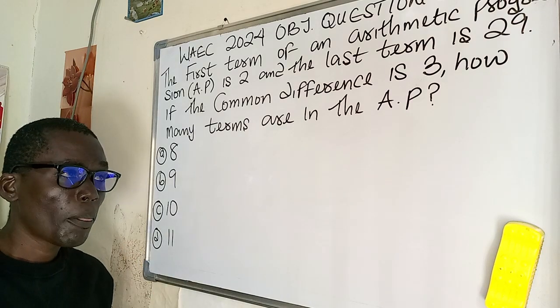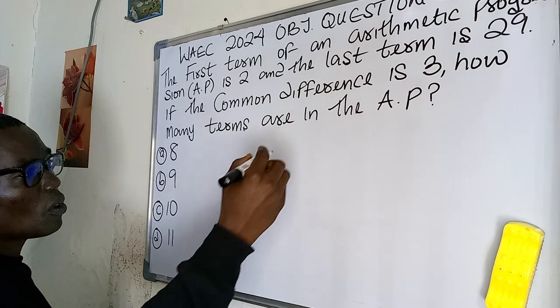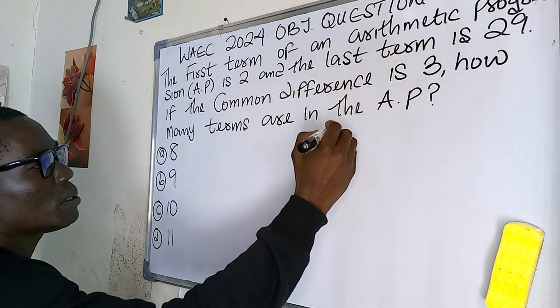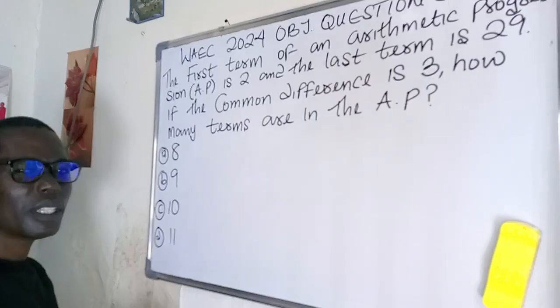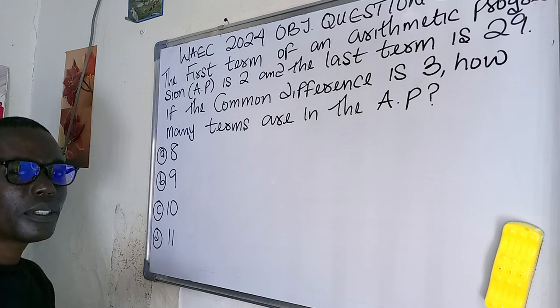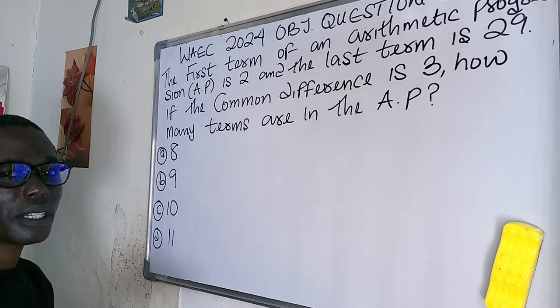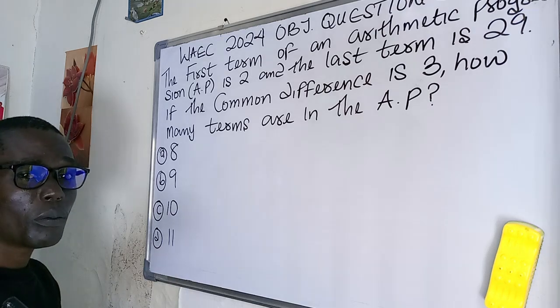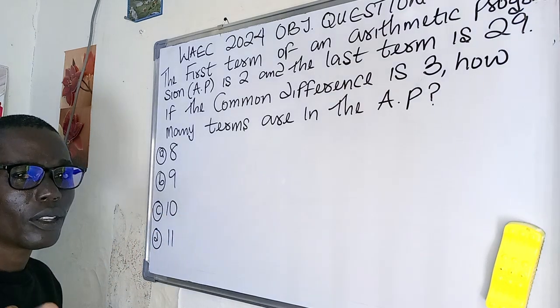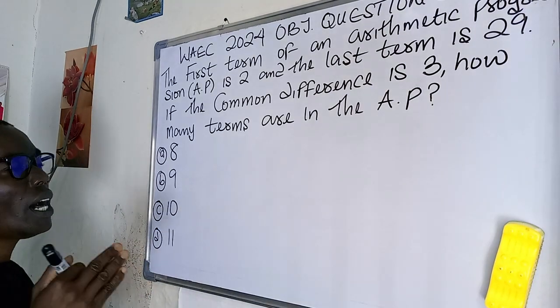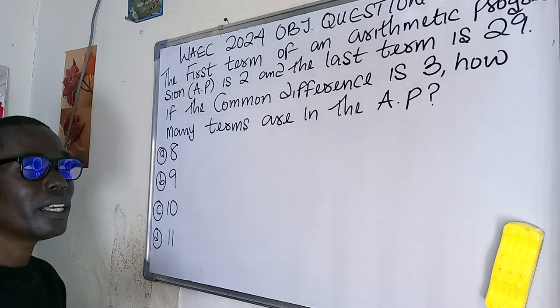Let's get started. Whenever you are given any question like this, the first thing you look at is what am I given, what am I expected to look for, and what is the formula for solving this kind of question. What am I given?